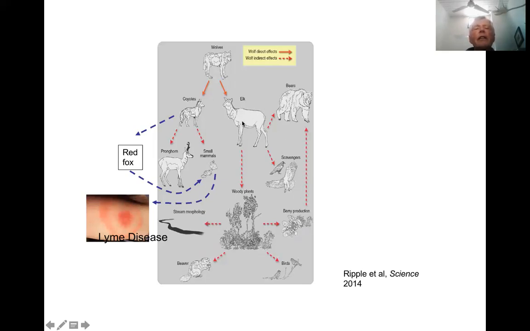These elk, when they are killed by a wolf, provide carrion. And this has a big effect on scavengers in the system. So scavengers are linked into all of this. So that's one pathway.